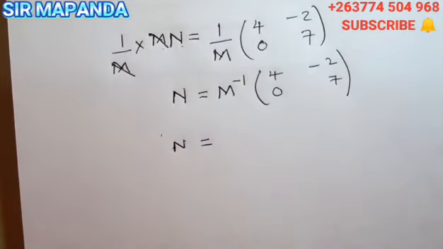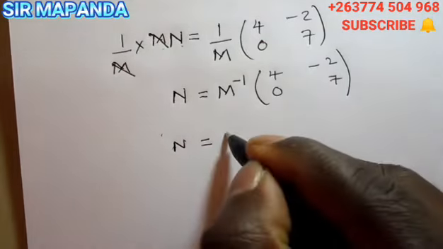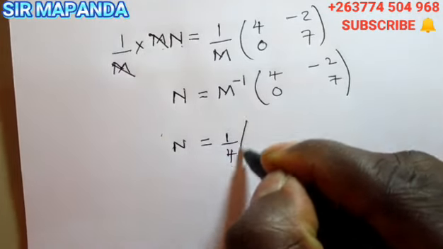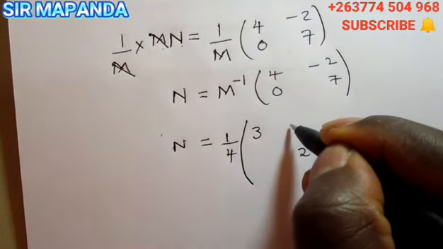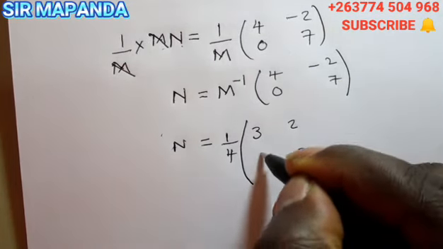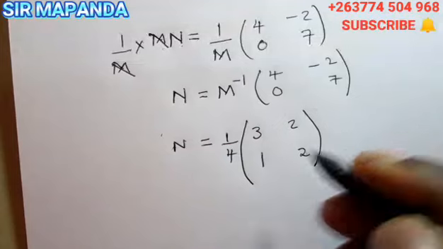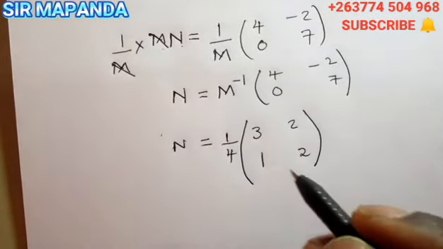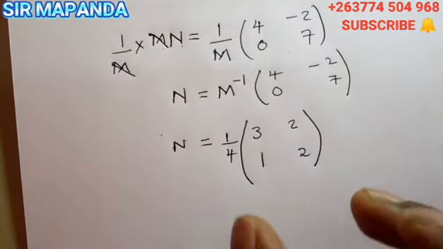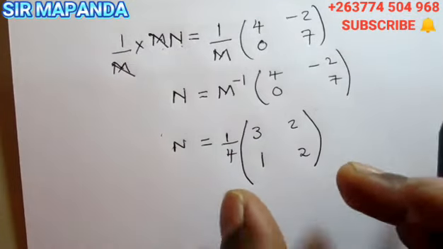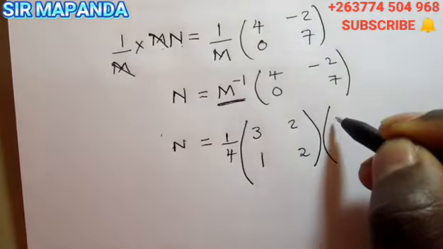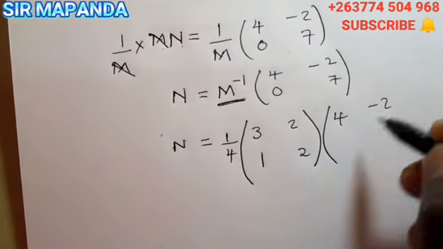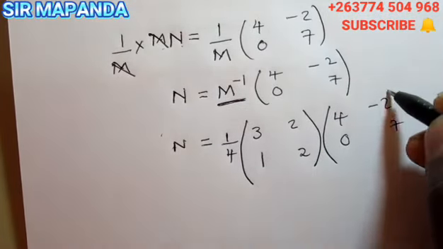We are now taking advantage that in part A of the question, we found the inverse, M to the power of minus 1, already: 1 over 4, open bracket, 3, 2, 2, and 1. This is the matrix that you substitute for M to the power of minus 1 to multiply 4, minus 2, 0, and 7.